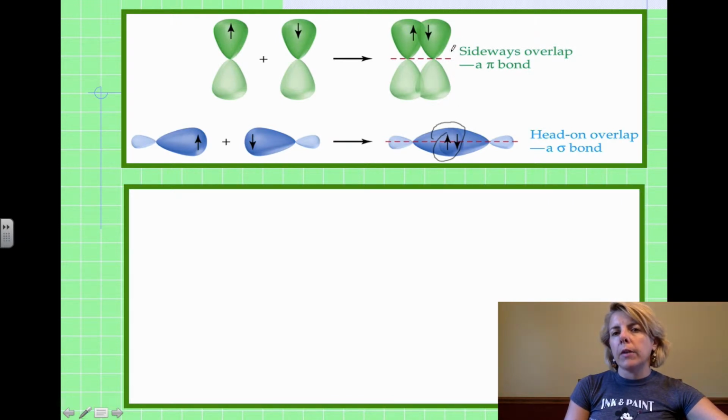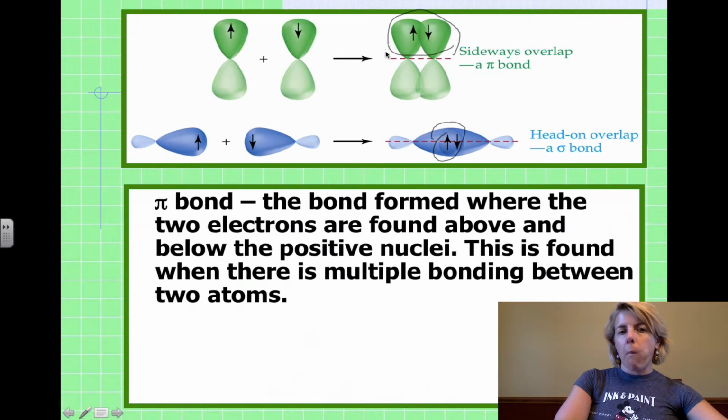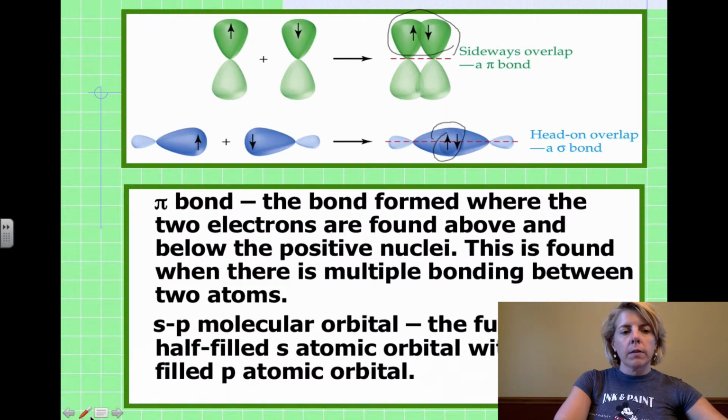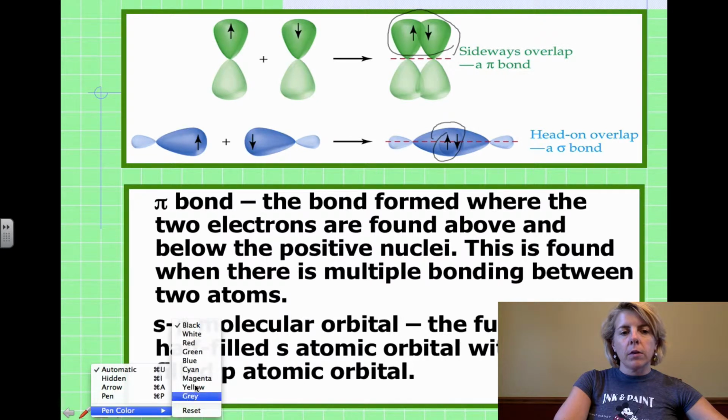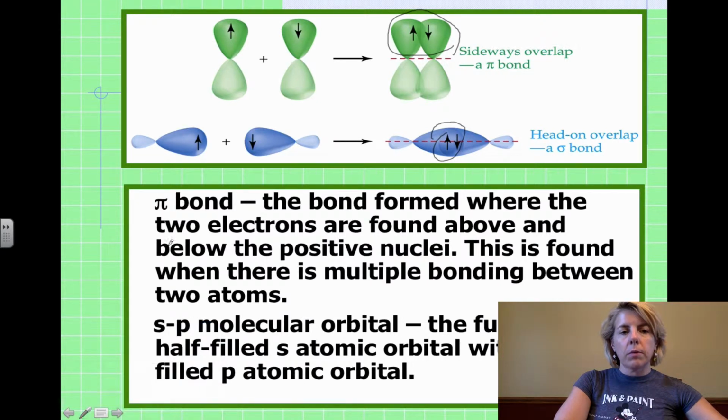We also can have a perpendicular set of p orbitals that are overlapping. This is specifically called the pi bond. You know the symbol you've seen, 3.14. This is called a pi bond.